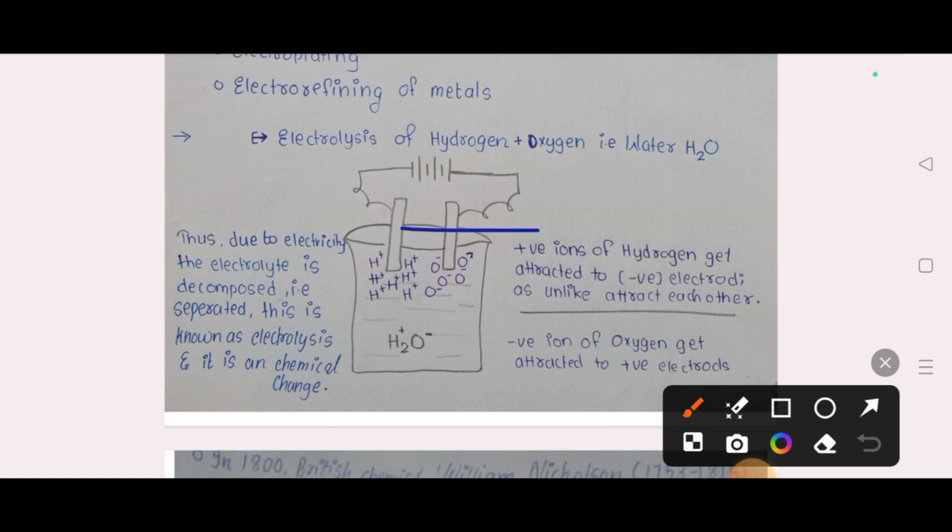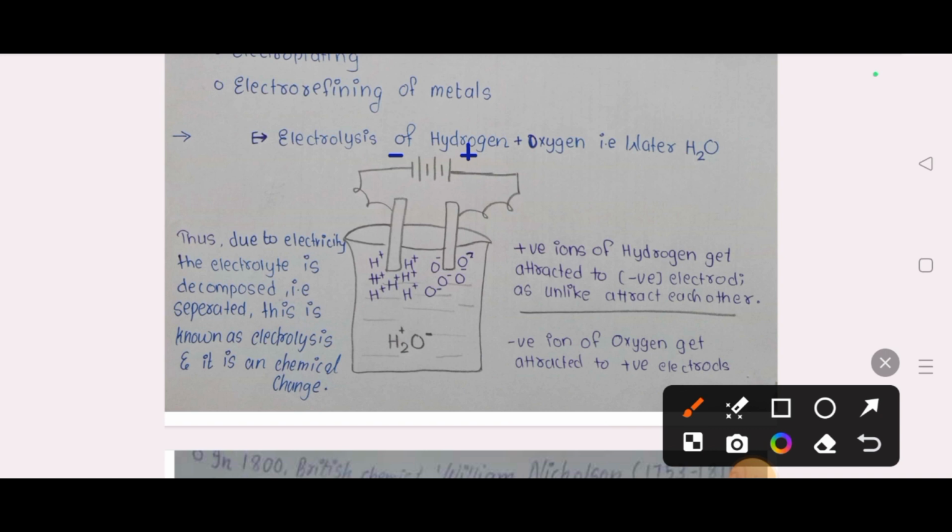Use these copper rods as electrodes, and attach one electrode to the negative and one electrode to the positive of the battery, so that the circuit is completed.